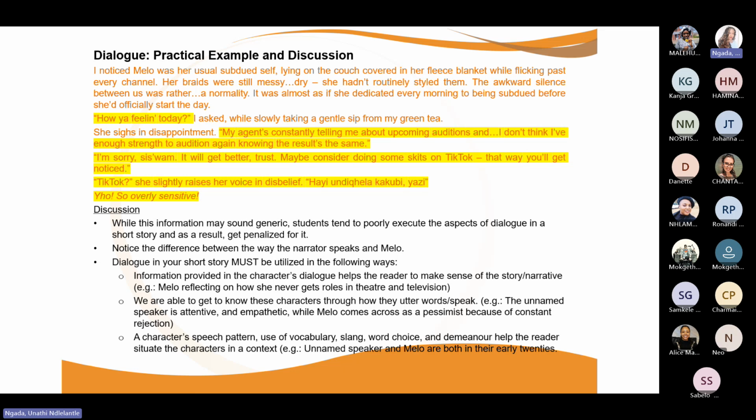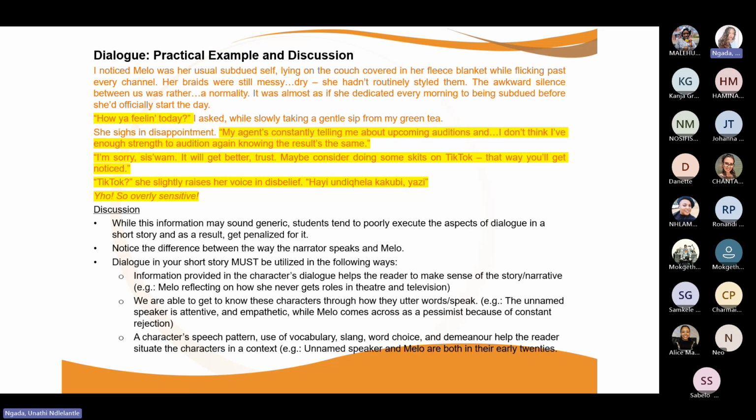And what's quite interesting is that when I go through my email history, I see that this student didn't send me a draft or didn't send a proper draft for feedback, and it's one of the reasons why he or she got penalized for not executing dialogue well.